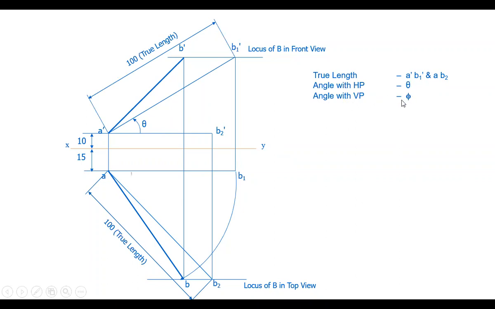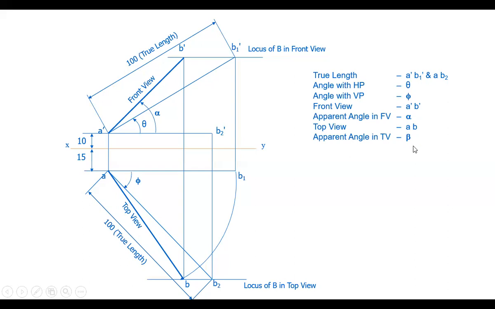Then the front view A dash B dash, and the apparent angle in the front view, the angle at which the line appears to be inclined, alpha. Then the top view AB, and the apparent angle in the top view, beta. These two, alpha and beta, are called apparent angles because the line appears to be making that angle, but not actually.